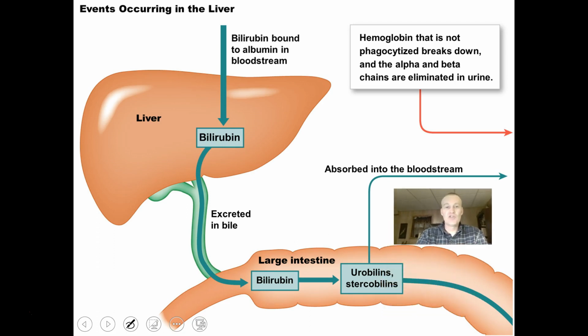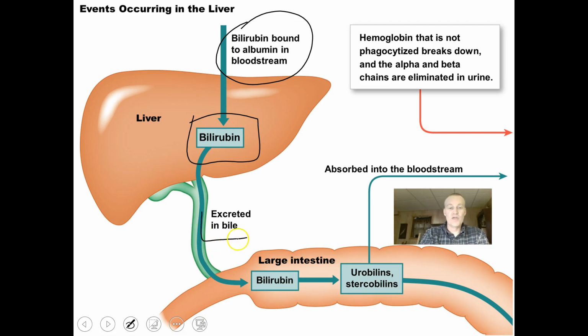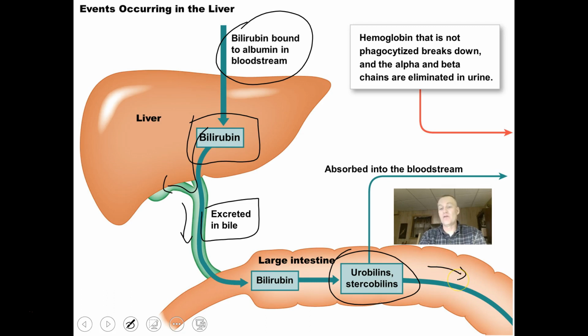And then lastly, I have one more. This is just showing you bilirubin bound to albumin is going to be taken out by the liver, stored in the gallbladder, then excreted as bile into the large intestine. That's where the bacteria begin to work on it and can convert your feces into a brown material.